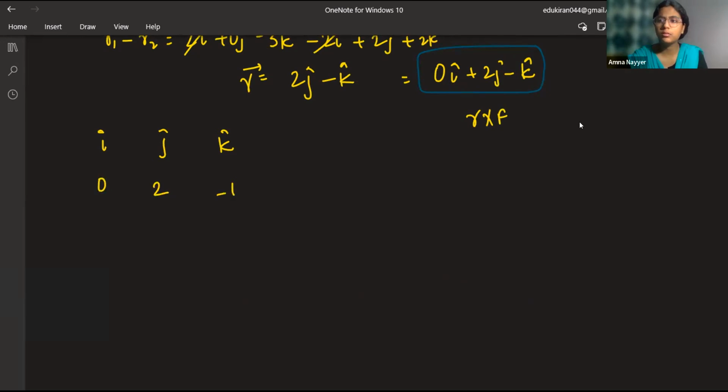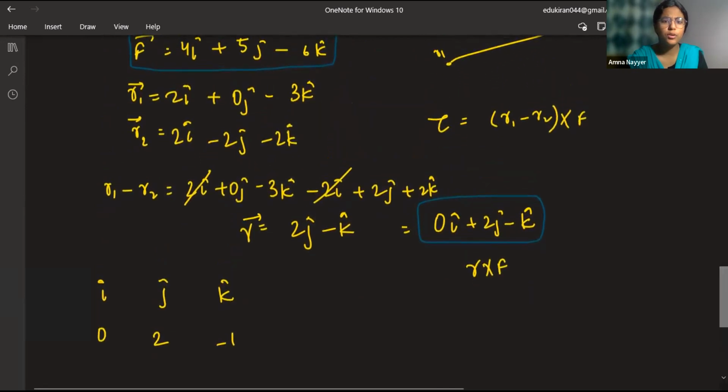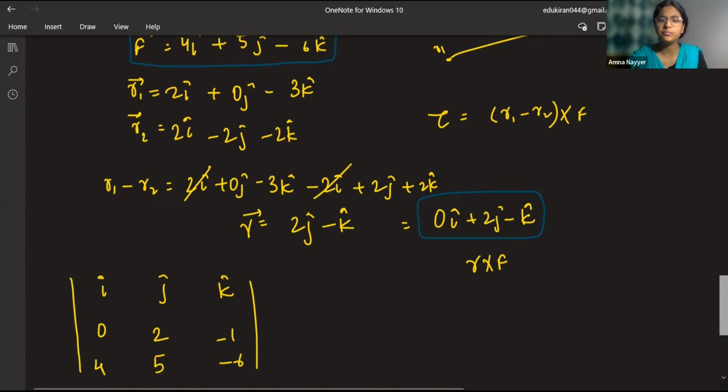Now force. What was force? 4, no? Yes. So for force we'll write under I cap, we'll put it as 4. This is 5 and this is minus 6. This is what you have with you.